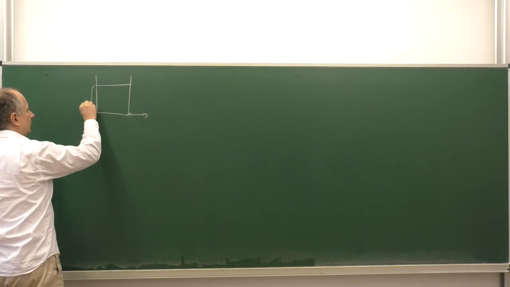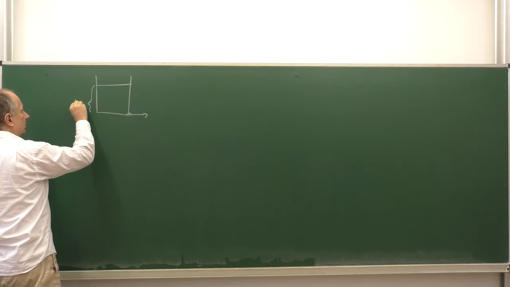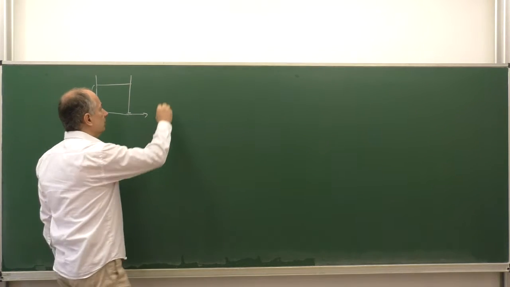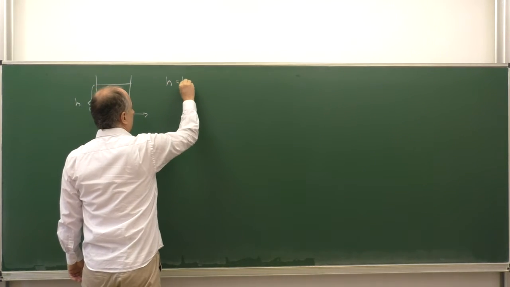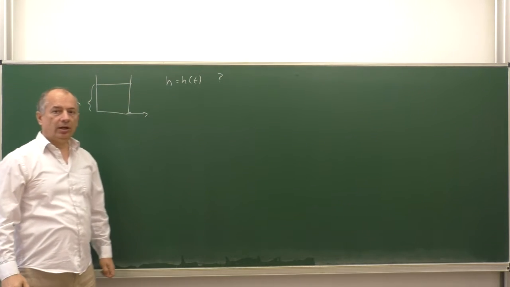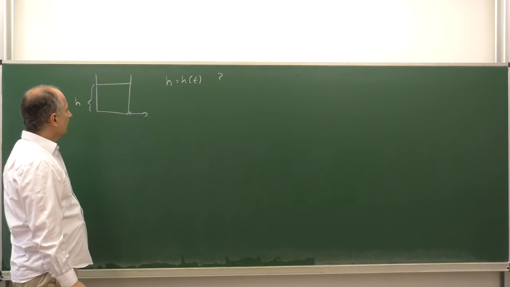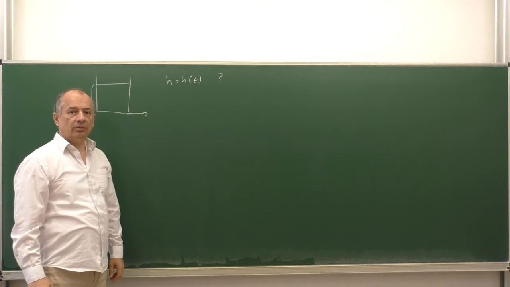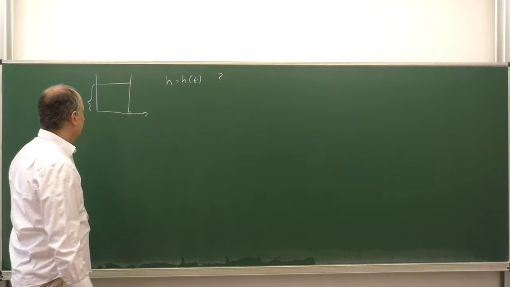We denote the height of the level h, and we want to find the function how h decreases with time t. We will need the conservation of mass and conservation of energy.